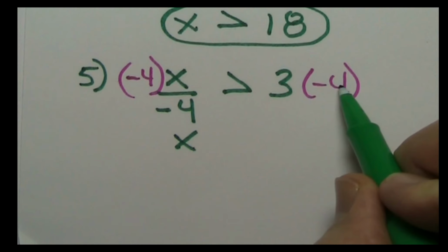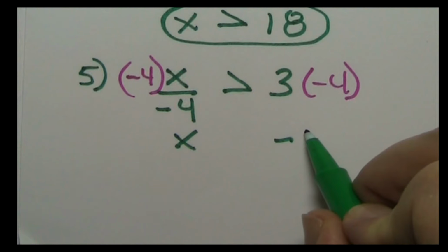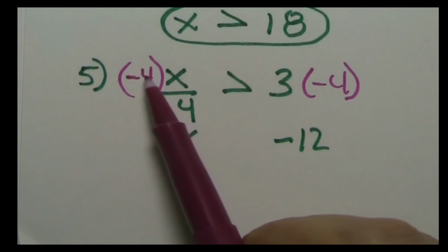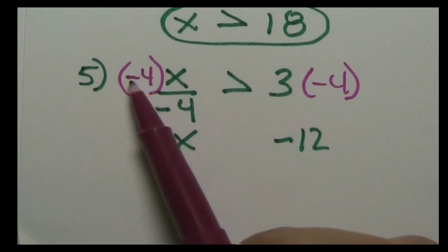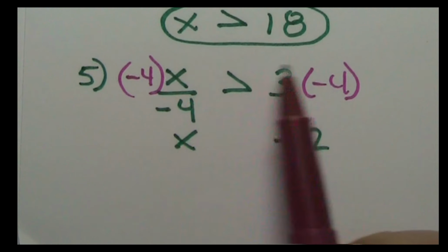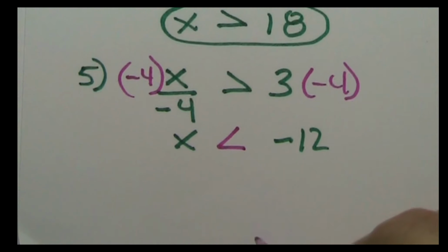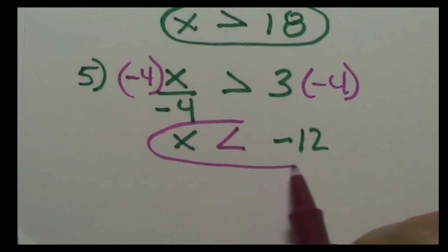On the right side, 3 times -4 is -12. Do I need to switch the arrow? Yes, I multiplied both sides by a negative. So therefore I need to switch the arrow. So the arrow is going to go this way. Less than.